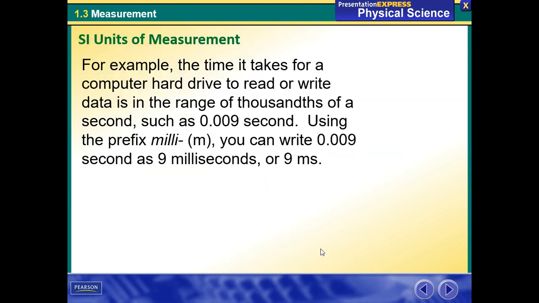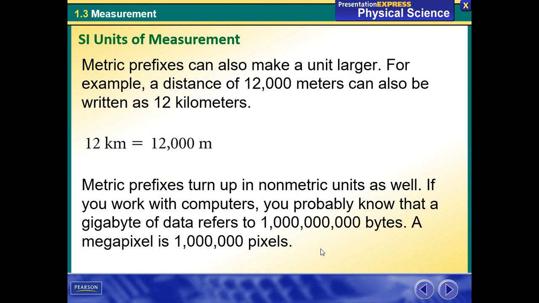So for example, the time it takes for a computer hard drive to read or write data is in the range of thousandths of a second, such as 0.009 seconds. We can actually use the prefix milli to rewrite that number as 9 milliseconds. We can also use these to make the unit larger.